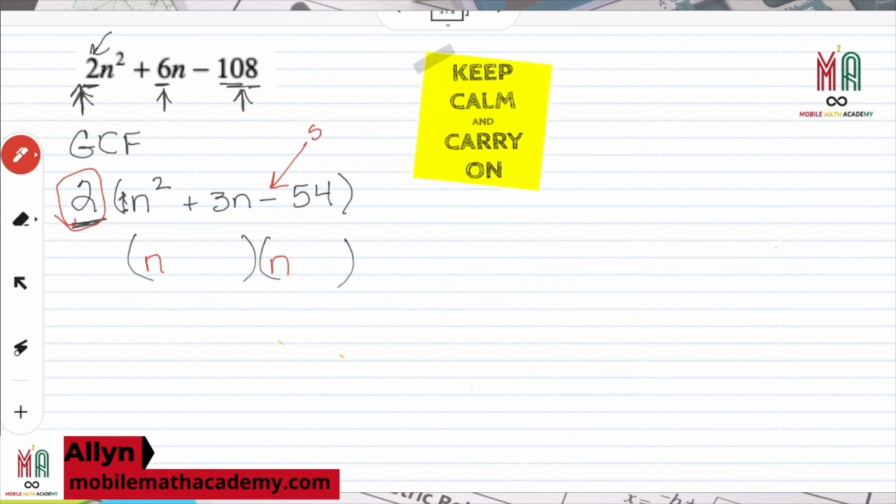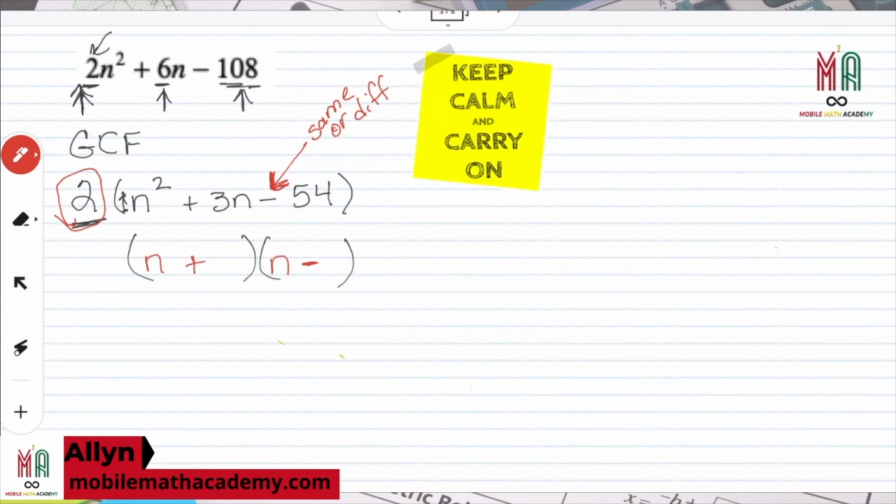Remember, this tells me whether my signs are going to be the same or different. If this is a negative, my signs are going to be different. So I can go ahead and put a plus and a minus. Right now, it doesn't matter where I put my plus. It doesn't matter where I put my minus, as long as I put a plus and a minus, because my signs are different, right? All right, so now I need to take a look at this middle sign. This middle sign is always going to be the sign of the largest integer.